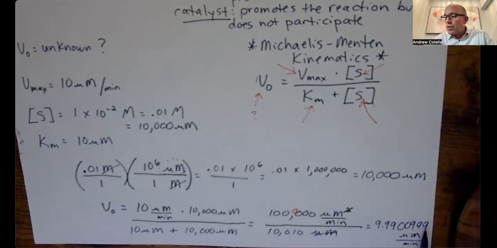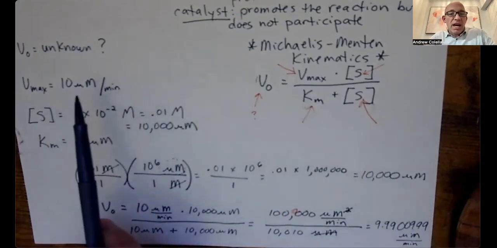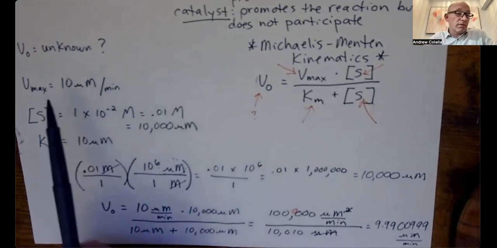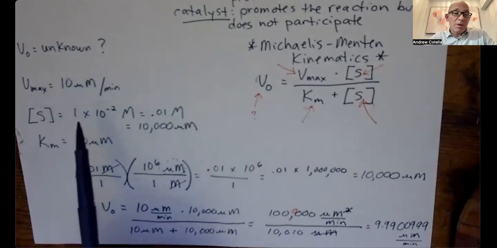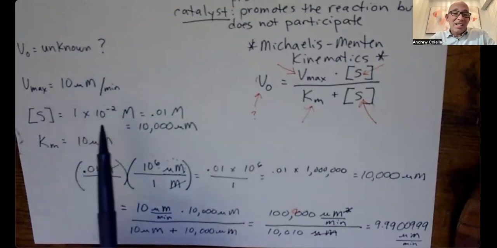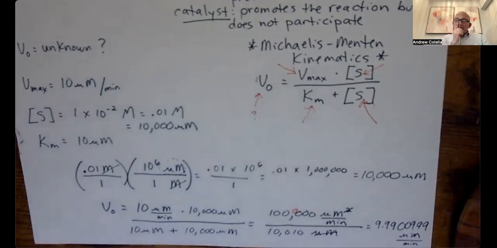I don't know. The numbers they gave me for my relationship were 10, 1 times 10 to the negative 2, and 10. These values all show essentially one significant digit.